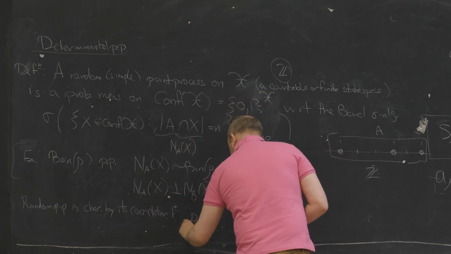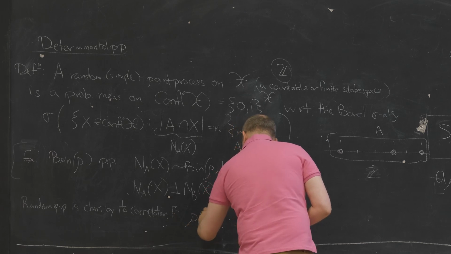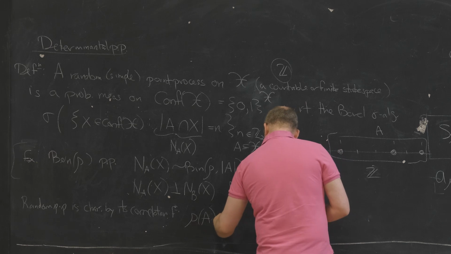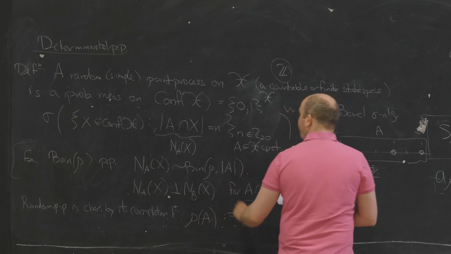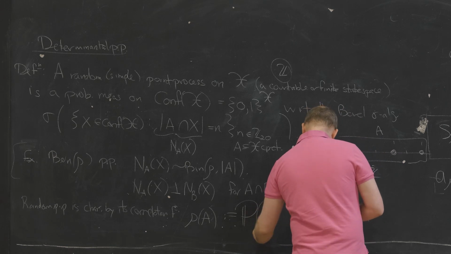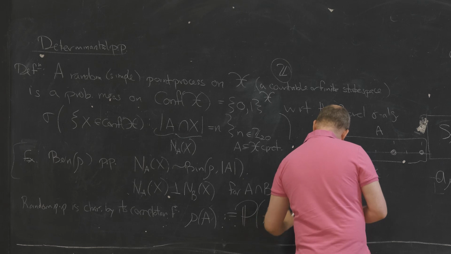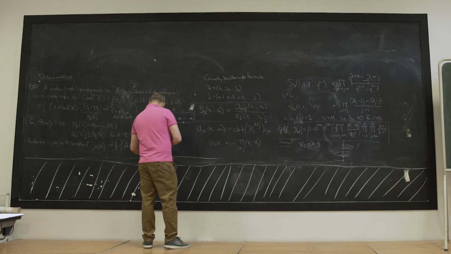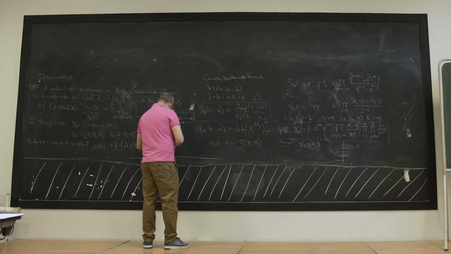And these are defined, for any window, any compact subset A, as the probability under this measure that A is contained in the set X. And this is for any A in capital Chi which is finite.